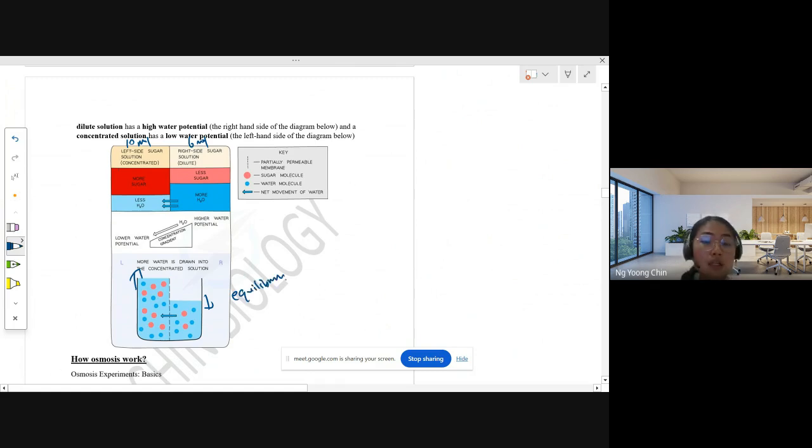Equilibrium means that there is no net movement of water. So that means 10 plus 6, 16, divided by 2. Both will read about 8 molarity.